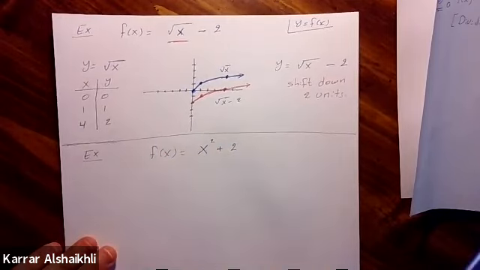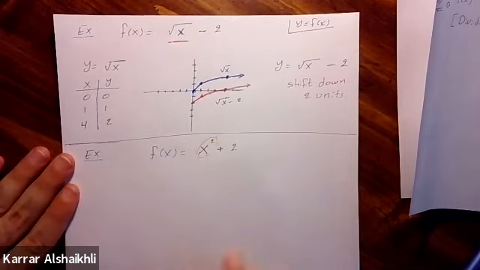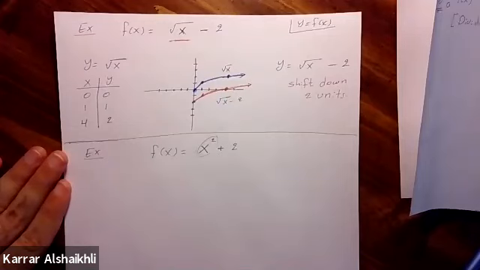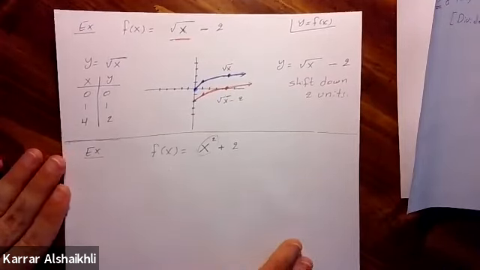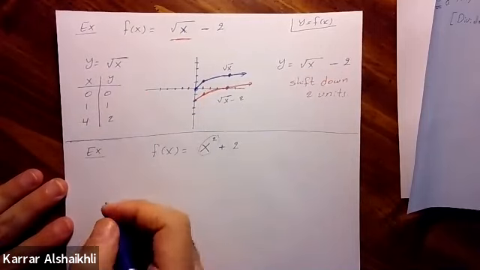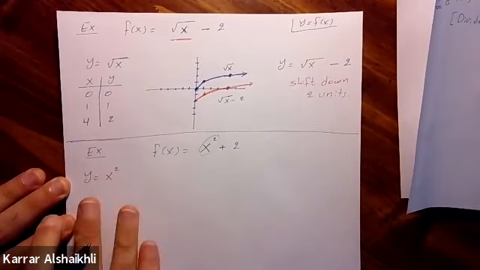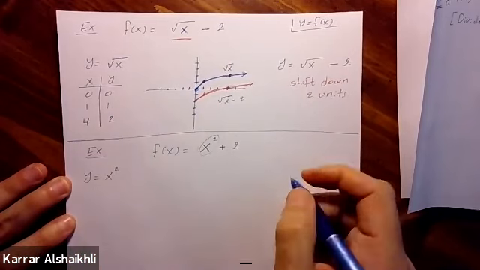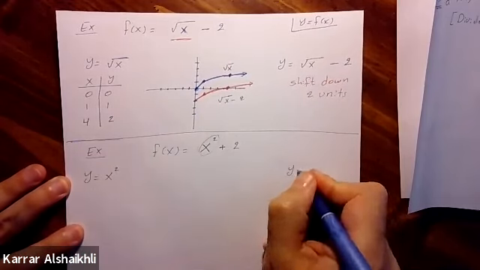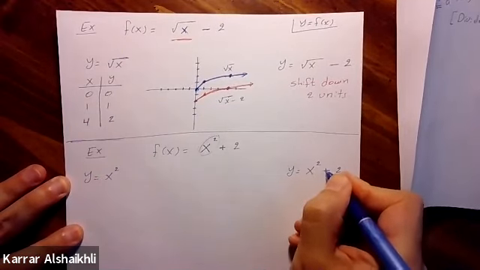The parent function here is x squared. So I'm going to use exactly the same technique, so I'm not going to make mistakes. Here I'm going to say y equal x squared, the parent function. And here I'm going to say y equal x squared plus 2, the new function.